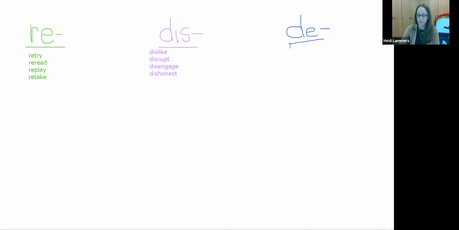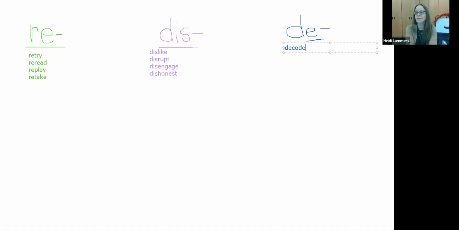And then under my last prefix, DE, this can mean to remove or to reverse. So let's get a text box under here and read some words that begin with prefix DE. Okay, let's start with this one.